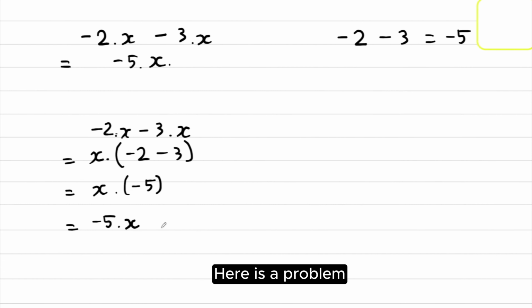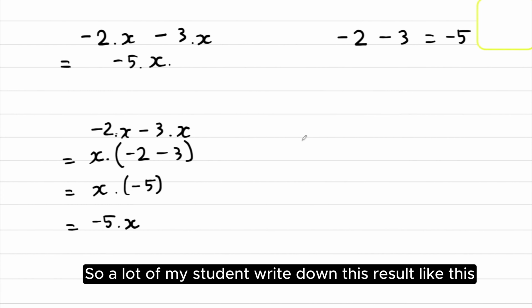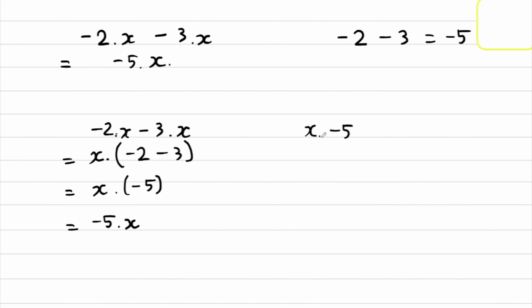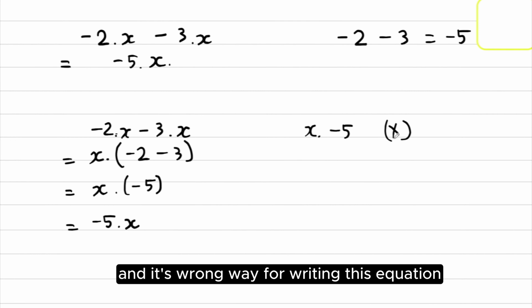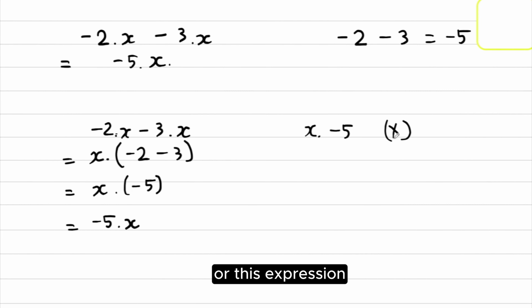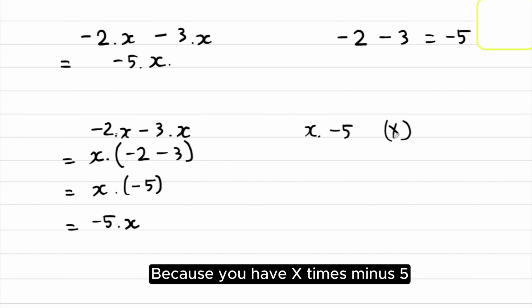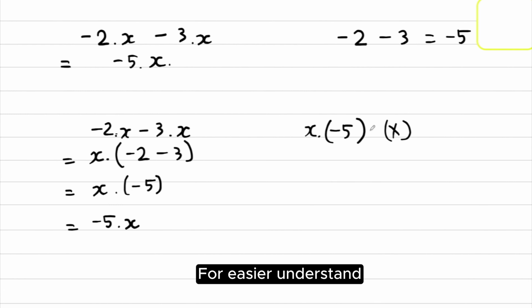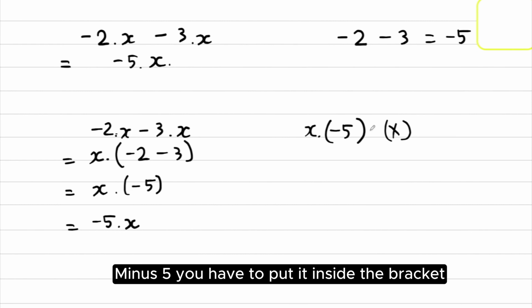Okay, here is a problem. A lot of my students write down this result like this, and this is the wrong way to write this expression, because you have x times minus 5, and minus 5 is not a normal number. You have to put it inside the bracket for easier understanding. So x times minus 5 means you have to put minus 5 inside the bracket.